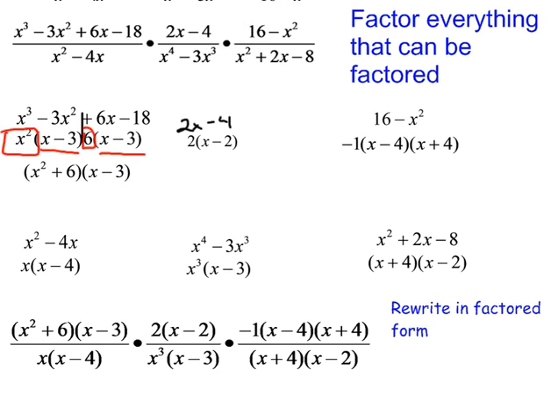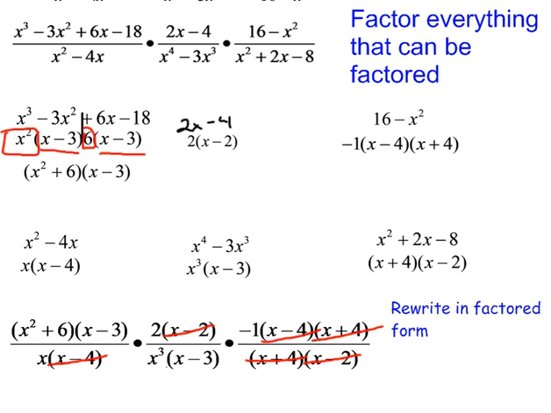So let's start canceling out. What could cancel out? Well, I can cancel out an x plus 4 with an x plus 4. Remember, you can only cancel out top to bottom or bottom to top. I can cancel out this x minus 4 with this x minus 4. I can cancel out this x minus 2 with this x minus 2.